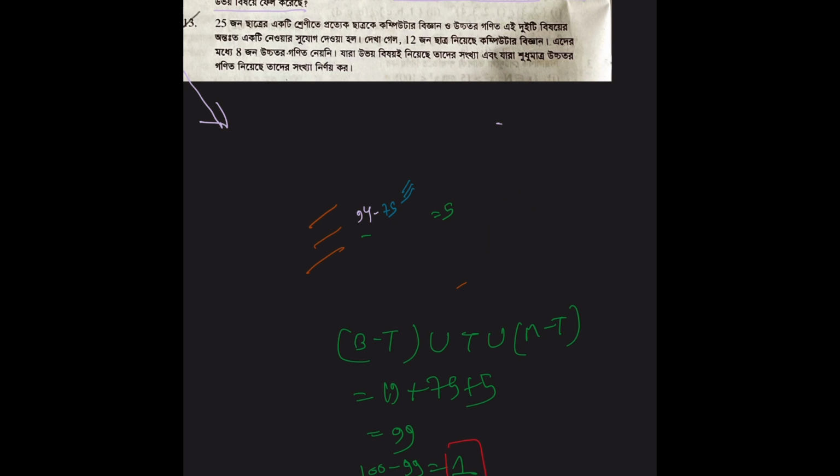Now, for the next one, and the last one for this chapter. Here we're told that in a class of 25 students, each student was given an option to choose at least one of the subjects from computer science or higher mathematics.